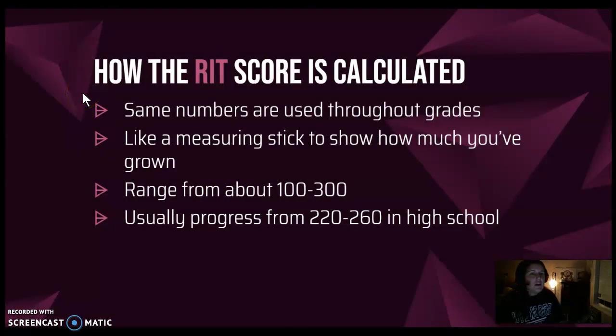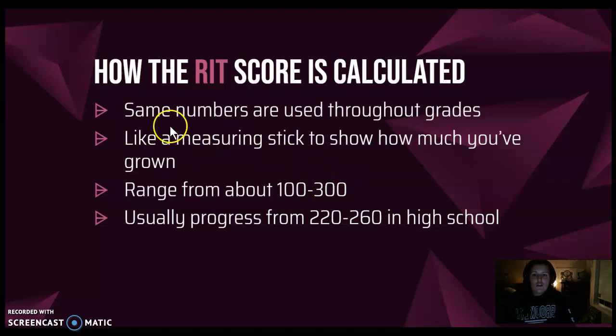How is the RIT score calculated? I did show you the numbers of test scores that they use to determine difficulty. Don't ask me why they start at 100 instead of 1, but they did. So the scores range from about 100 to 300.